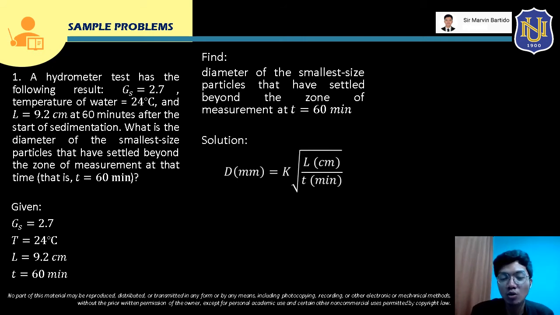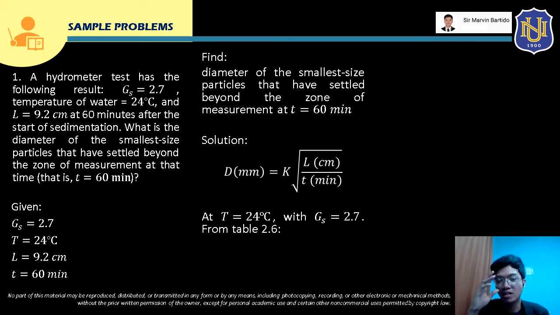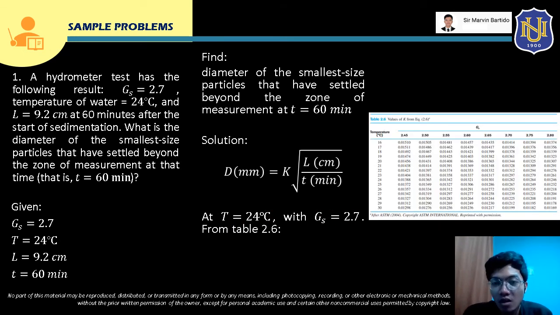So, D is equal to K times square root of L over T. Wherein yung K natin, class, pwede natin yan kunin dun sa table 2.6. Meron tayong temperature na 24 degrees Celsius and specific gravity na 2.7. So, from the table, class, nasan ba yung 24 degrees Celsius? Ayun. And then yung 2.7, ito.